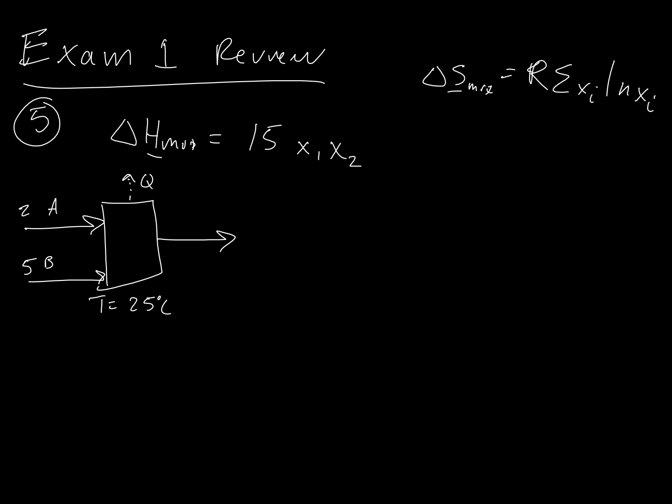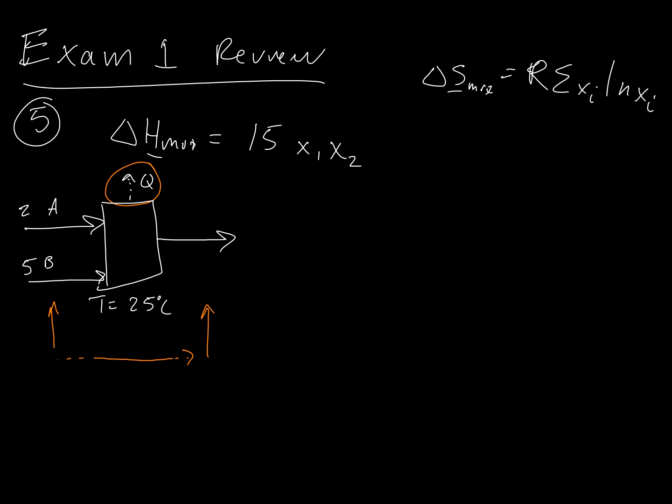But basically, the difference in enthalpy from these 2 streams to this stream is going to have to be balanced out by the Q. We know what the enthalpy change is going from the inlet streams to the outlet streams, because that's the delta H of mixing.